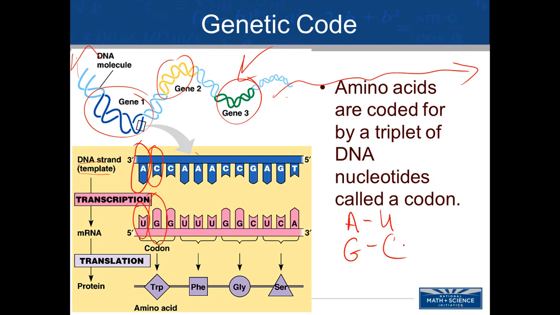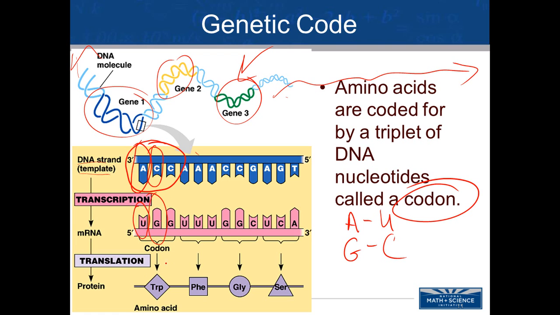The other thing to notice is that 3 of these nucleotides form something called a codon. And it's going to give the code or the instructions for what amino acid is needed. So the DNA codon is ACC, the RNA codon is UGG.